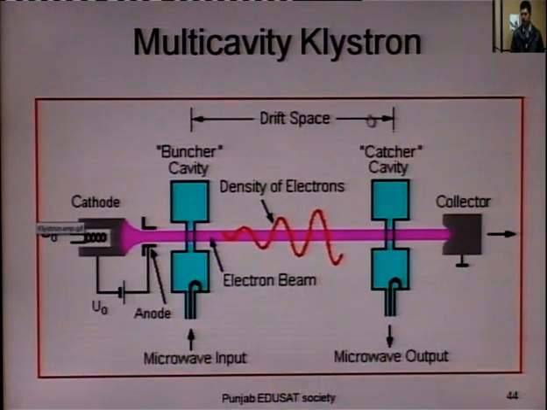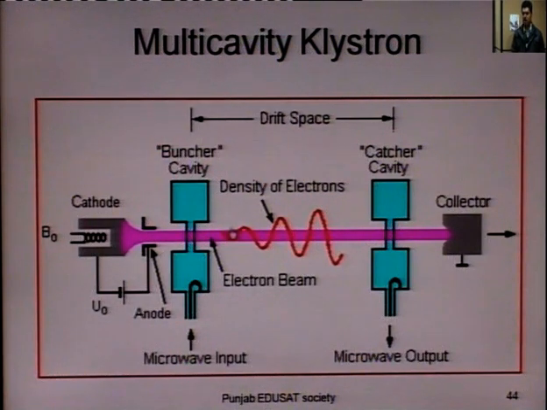Now as the electrons move from cathode to anode, we are giving here a microwave input. The weak signal that is to be amplified is given to the buncher cavity. What happens here? During the positive half cycle, electrons will be accelerated, whereas during the negative half cycle, electrons will be decelerated.